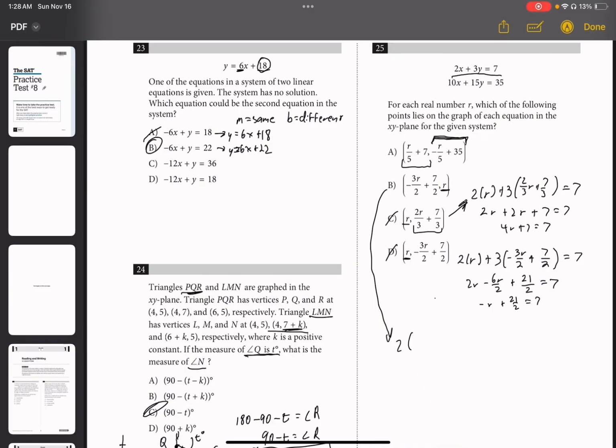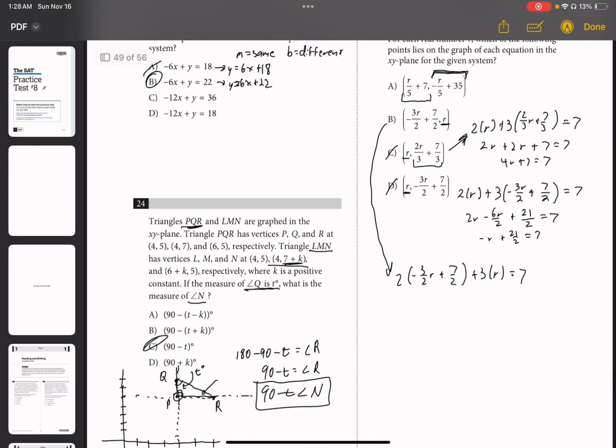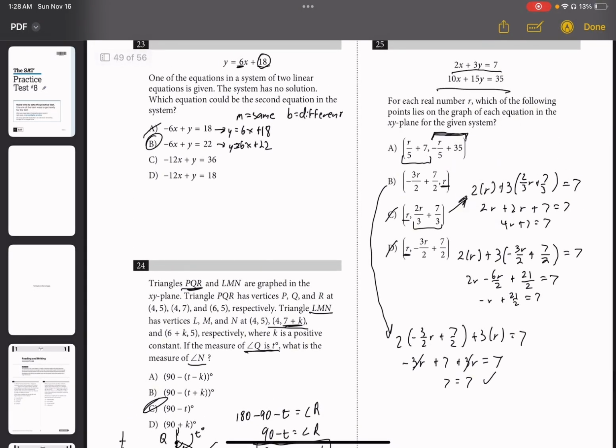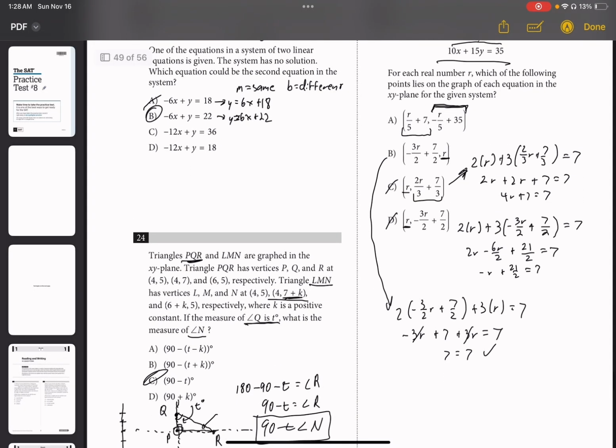So we have 2 times our x point of negative 3 over 2r plus 7 over 2, and then plug in our y point of 3 times r, and that's going to be equal to 7. So now simplifying, we get negative 3r plus 7 plus 3r is equal to 7. So our r's cancel out, and 7 is equal to 7. That is correct. Now we can plug in for our second equation right here and see if that also suffices.